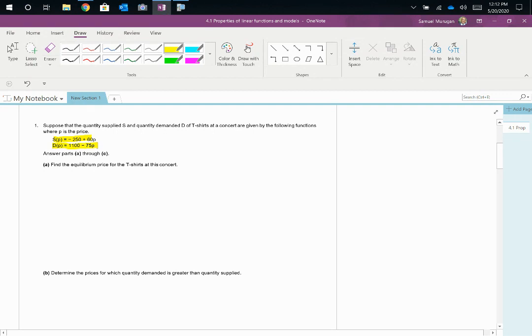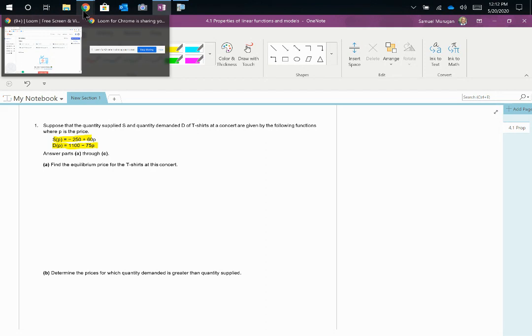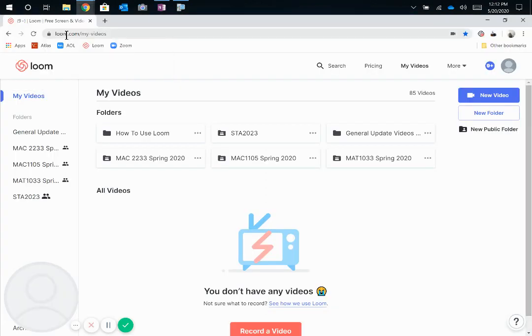And the demand function, D equals 1100 minus 75p, notice that has a negative slope. So the very first thing you want to do is to graph these functions.